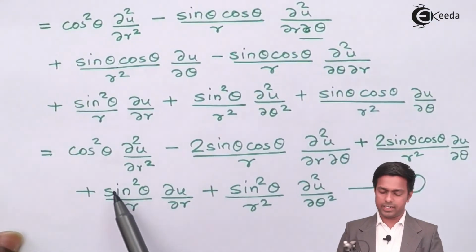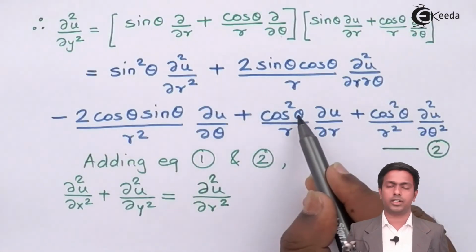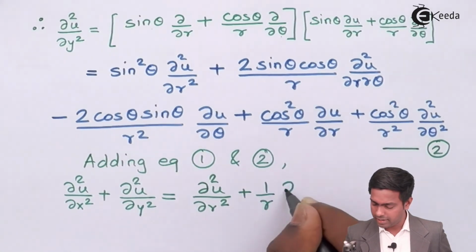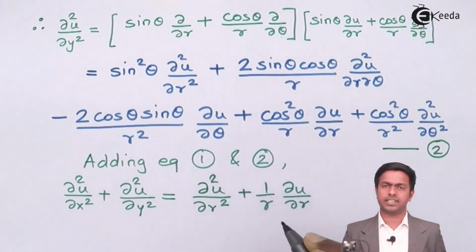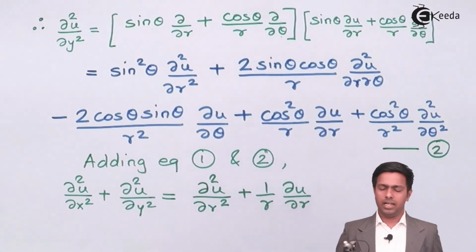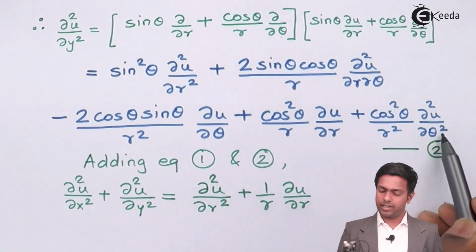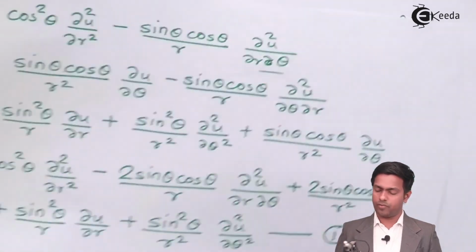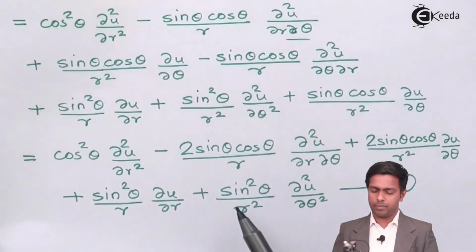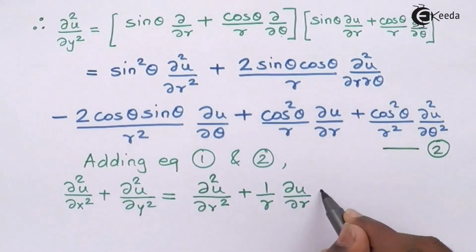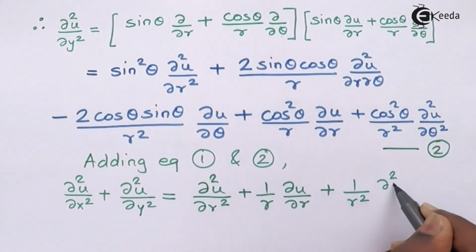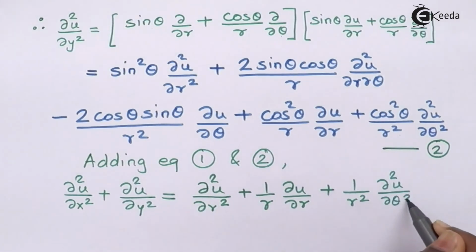So in bracket we'll get sin square theta from here and cos square theta from here, which is 1. So the common terms are 1 by r del u by del r, and in bracket sin square theta plus cos square theta is 1. Now last term, del square u by del theta square is there, we can take 1 upon r square common, and cos square theta plus sin square theta will be 1. So we'll get 1 upon r square del square u by del theta square.